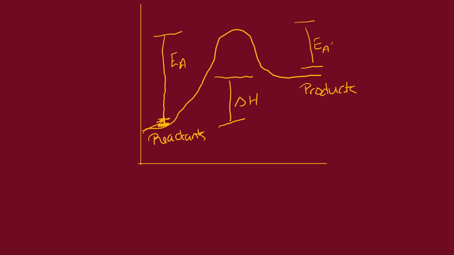Now this is an endothermic reaction. And so we have our reactants, and it takes more activation energy. The energy of our products is higher than the energy of our reactants. So this is a less stable reaction going from reactants to products because it takes a lot less energy to get it to go back the other way.